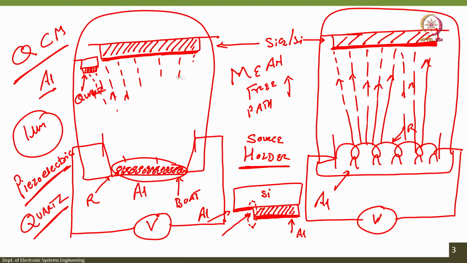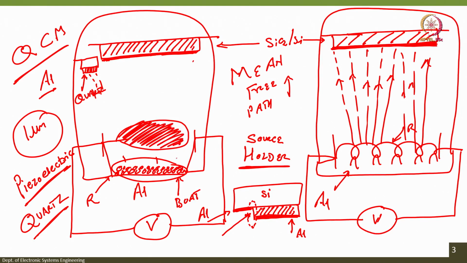Initially you have here a plate which will cover or mask the deposition, and once these things are uniformly melted, this plate is opened. So, it goes in a different direction, and then you can deposit your material.